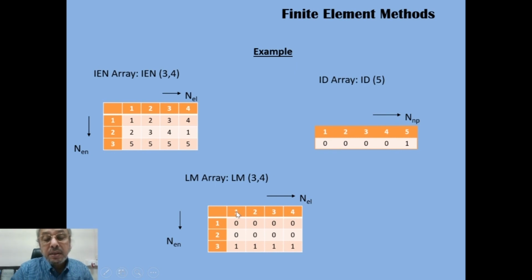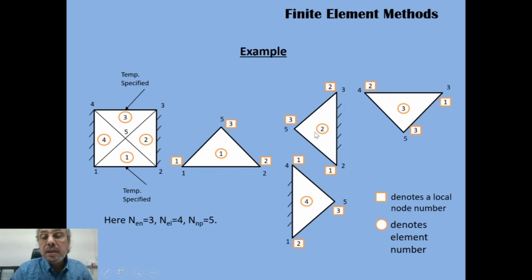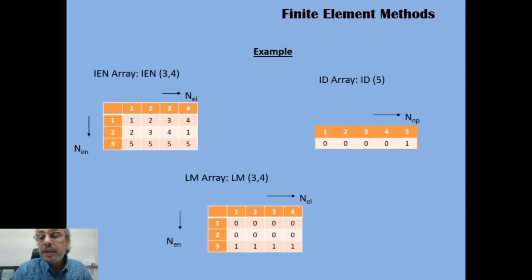So first element, first node doesn't need an equation. Similarly, second element, node 2 does not need an equation, falling on the boundary. Third element, again node 1, it is 0, falling on the boundary, doesn't need an equation. So that is how we are progressing.